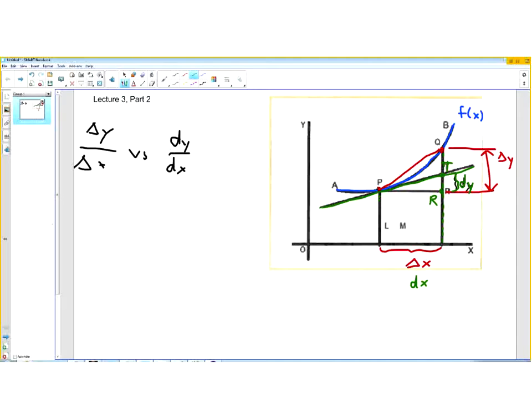That's why we say that differential y over differential x is the slope of the tangent line.